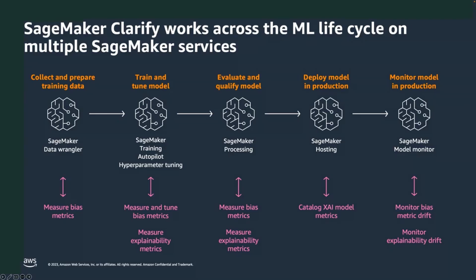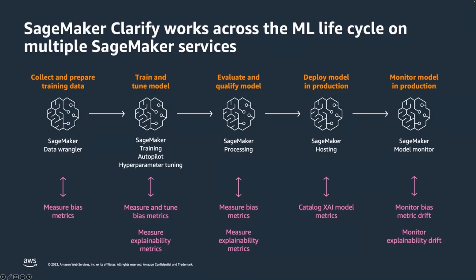As you train, tune, and evaluate your model, Clarify integrates with those steps to detect bias in your model by providing Shapley-based explainability reports. Shapley values give you a sense of the importance of the various features to the decisions that your model makes.